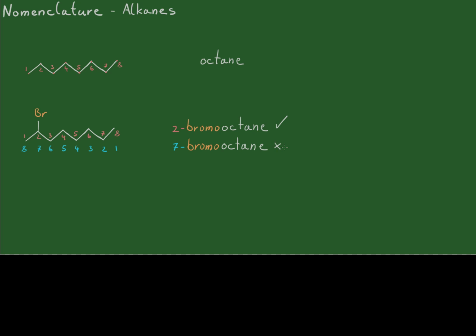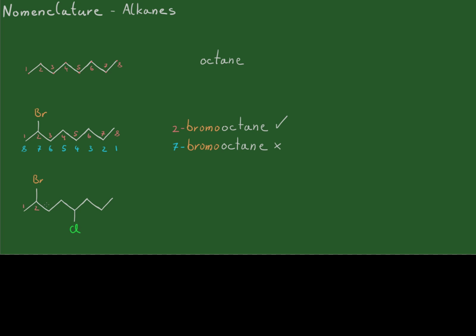Let's make it more complicated. Here's the octane again. This time I will add 2 substituents. So we'll still have bromine over here, and we'll have a chlorine substituent over here.